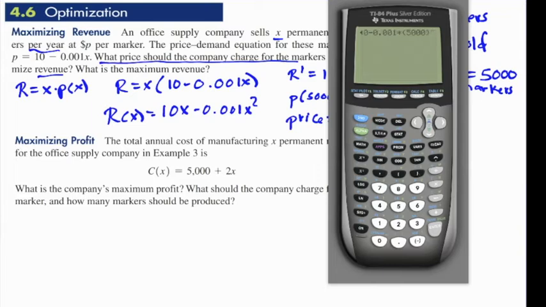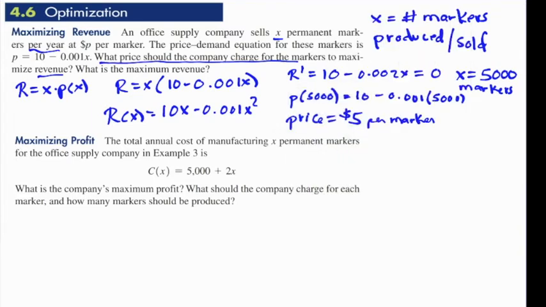And we want to square that. And we get $25,000. So that is the max revenue for 1 year just from the sale of these markers.